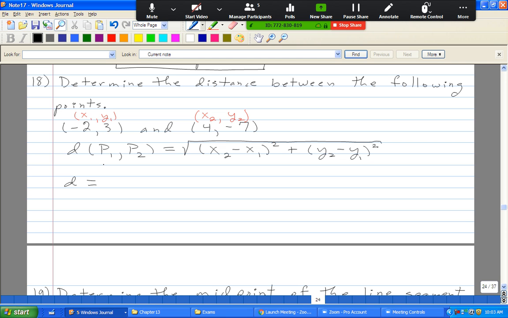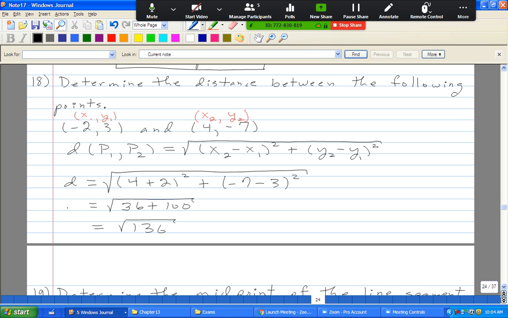So then this is negative 7 minus, I'm doing x's first, doesn't really matter. 4 minus the negative 2 squared plus negative 7 minus 3 squared. And so 36 plus 100 is radical 136.